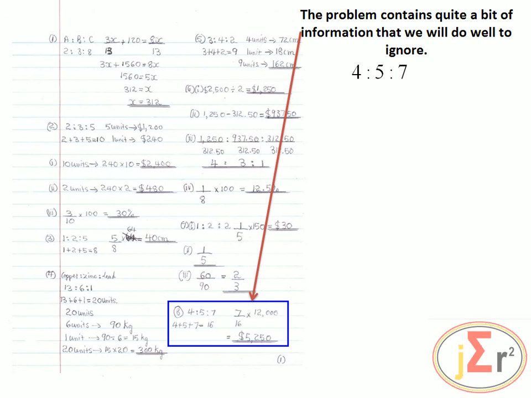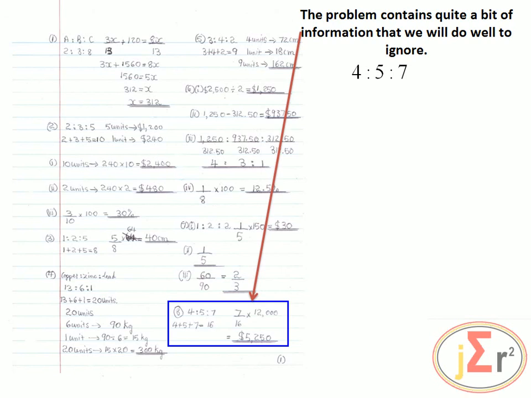Therefore, it does not matter how much money Lily got and what she did with it. Well, it does not matter how much money Margaret got and what she did with it. And it also does not matter how much money Nancy got and what she did with it.